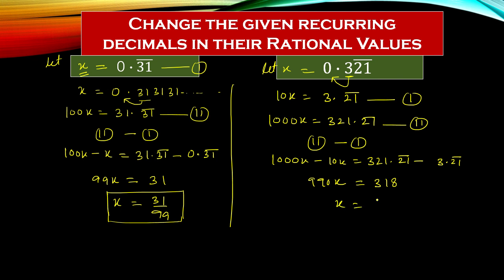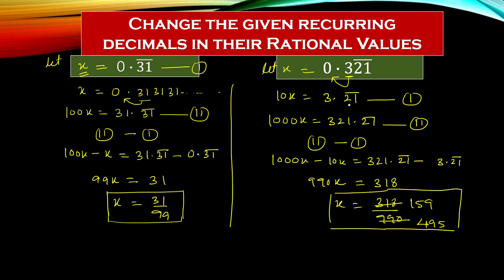So x should be 318 divided by 990, and we can say this is 159 divided by 495. So this is the value of x, 159 upon 495. This is the rational form of the number 0.3 with the bar over 21.